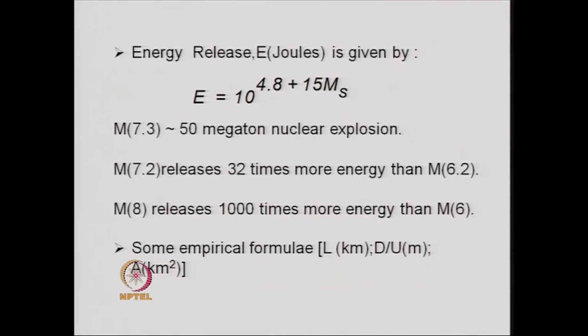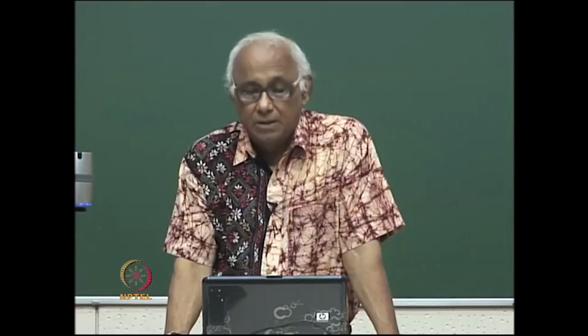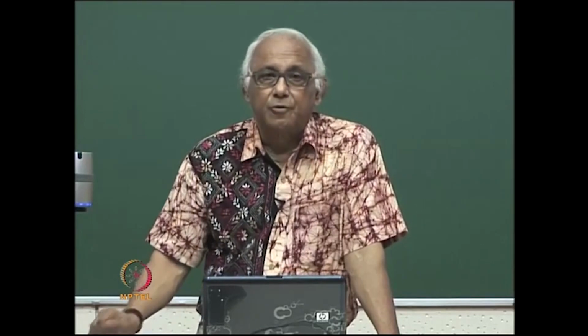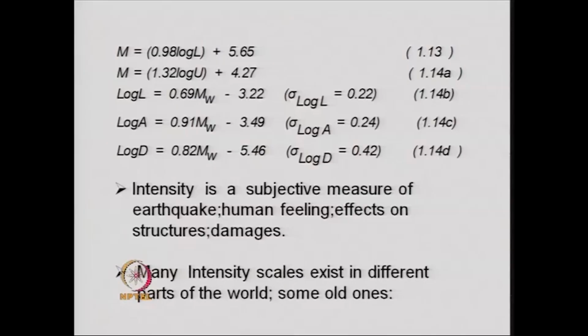Some empirical formulas have been developed for the rupture length, rupture area and the displacement in the fault lines, obtained from different data that have been collected. These relationships are developed for different magnitude of earthquake.